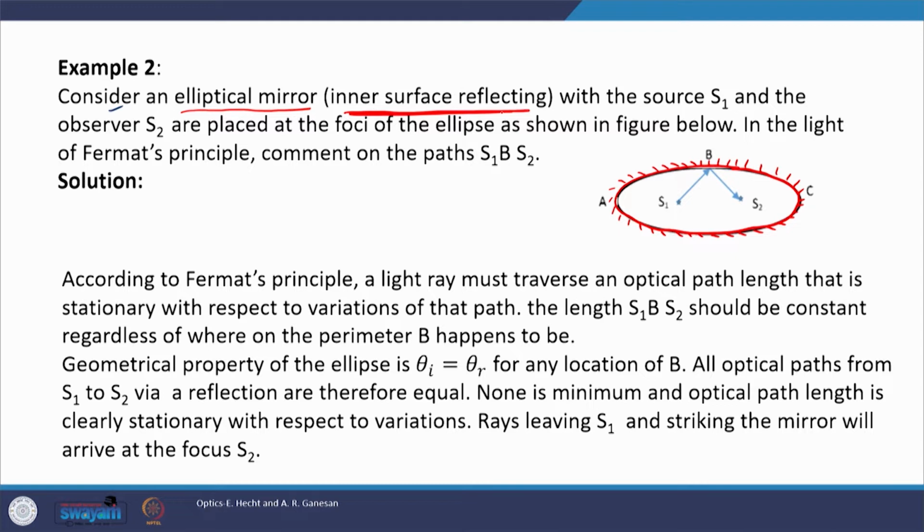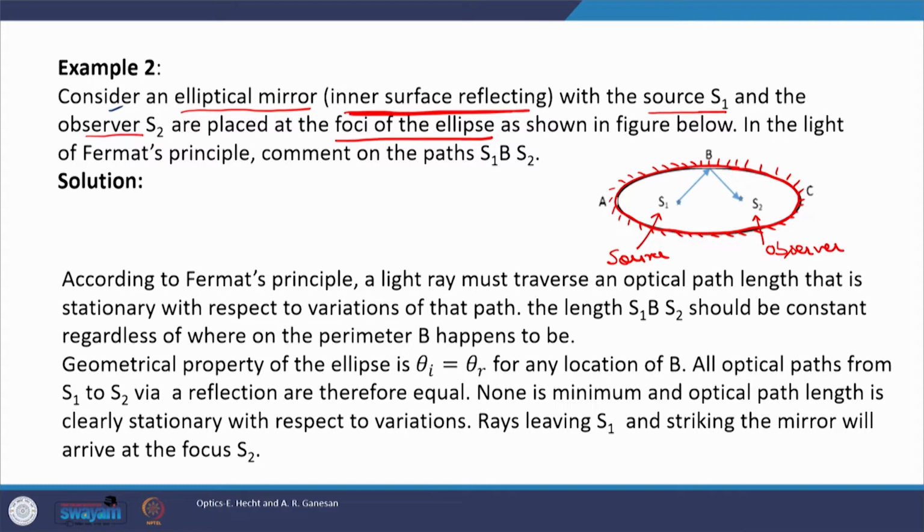Now, within this elliptical mirror, there is a source S1 and an observer S2. S1 is a point source and S2 is the observer. They both are placed on the foci of the ellipse as shown in the figure. S1 is on one focus and S2 is on the second focus.